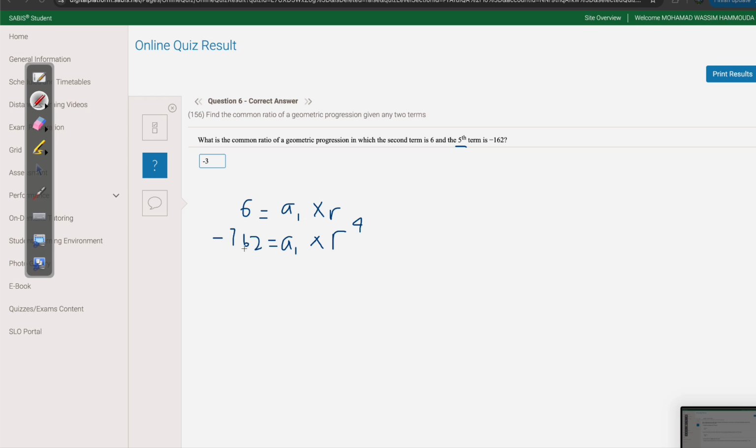So we're gonna do down over up. So negative 162 over 6. A1 and A1 will cancel. We'll have r to the 4 over r, which is just r cubed. From this, we are going to get negative 27 is equal to r cubed. R is simply negative 3. Boom.